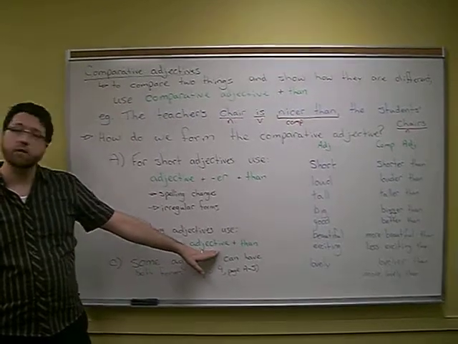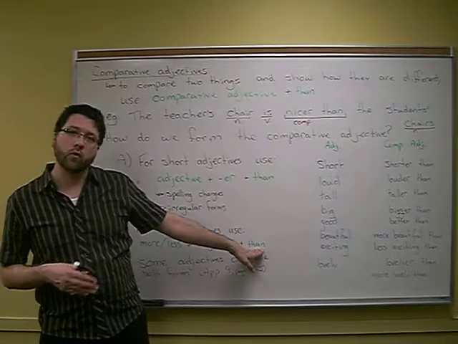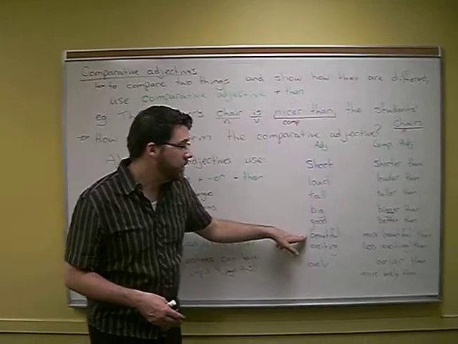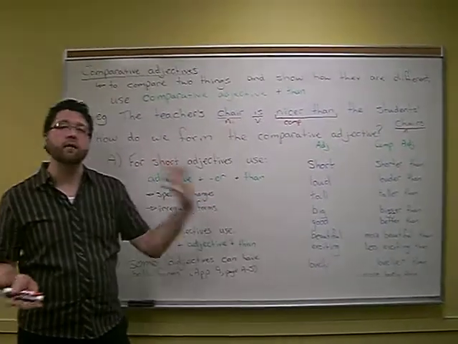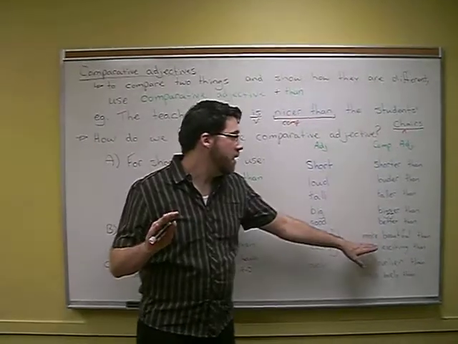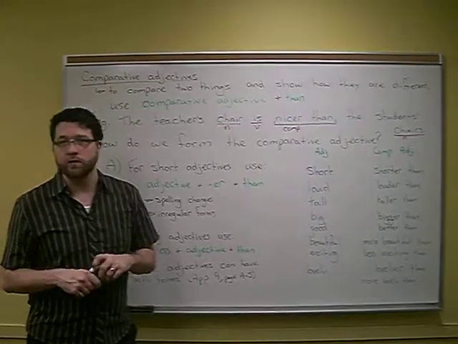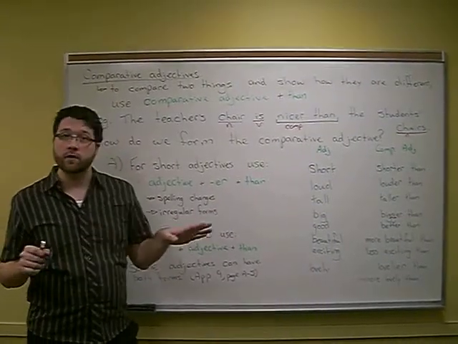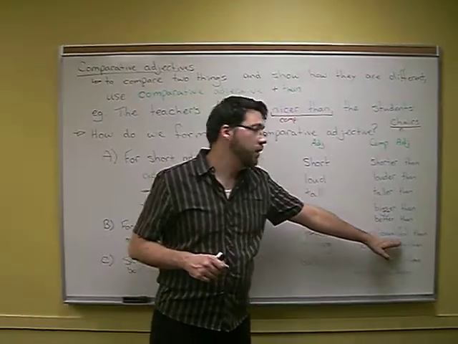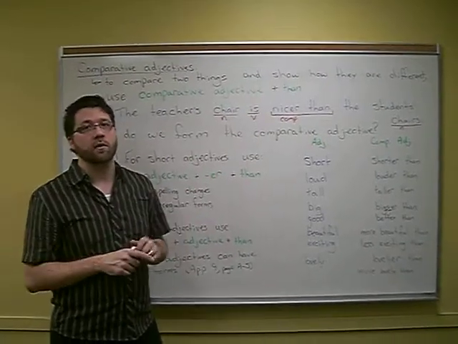And we'll use the same adjective form. And then of course, then at the end. So one example, beautiful. If we are comparing two things, we say, this is more beautiful than. Not beautifuler, not more beautifuler than, just more beautiful. The adjective itself does not change.